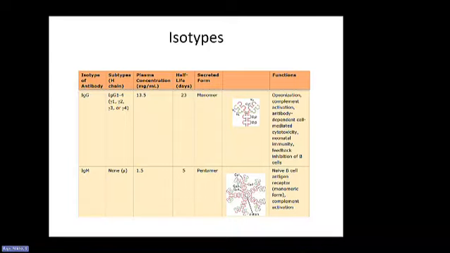IgM can be present as a pentamer. So again, a J chain keeps 5 molecules of IgM together. It's the receptor for B cells, and it also helps with complement activation. So something to note here, IgG antibody has the longest half-life, about 3 to 4 weeks.